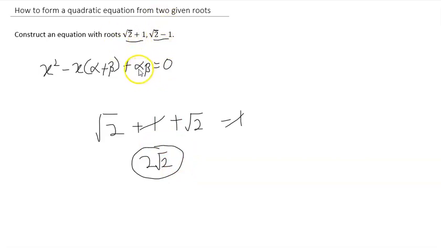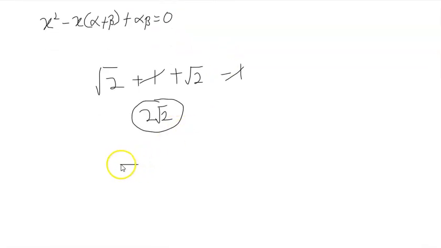For the product we have alpha multiplied by beta. So what we would simply do is multiply this one and this one. So that would be root 2 plus 1, we can put it in bracket, into root 2 minus 1, you can put this in bracket as well. Root 2 multiplied by root 2 will be 2.